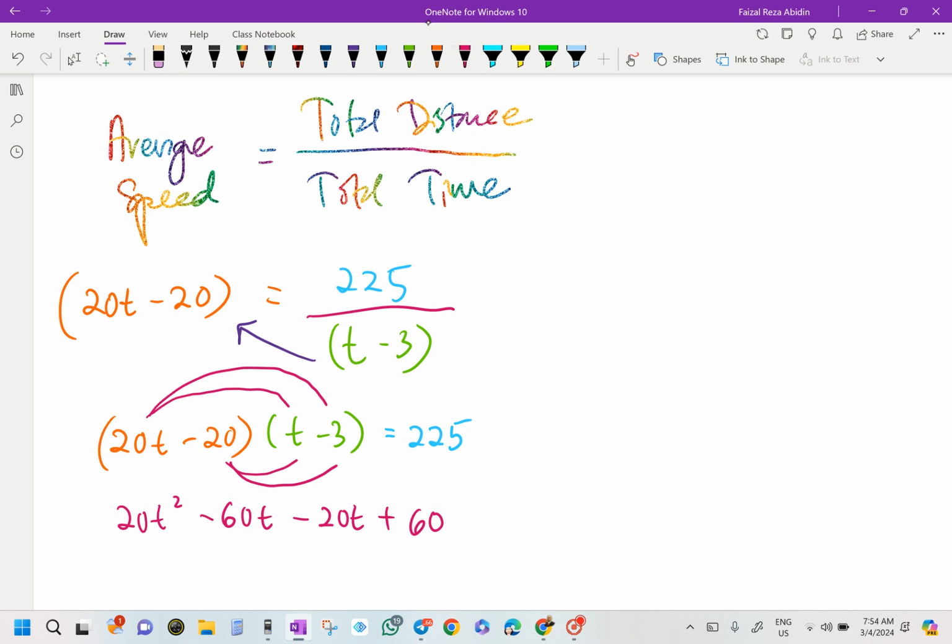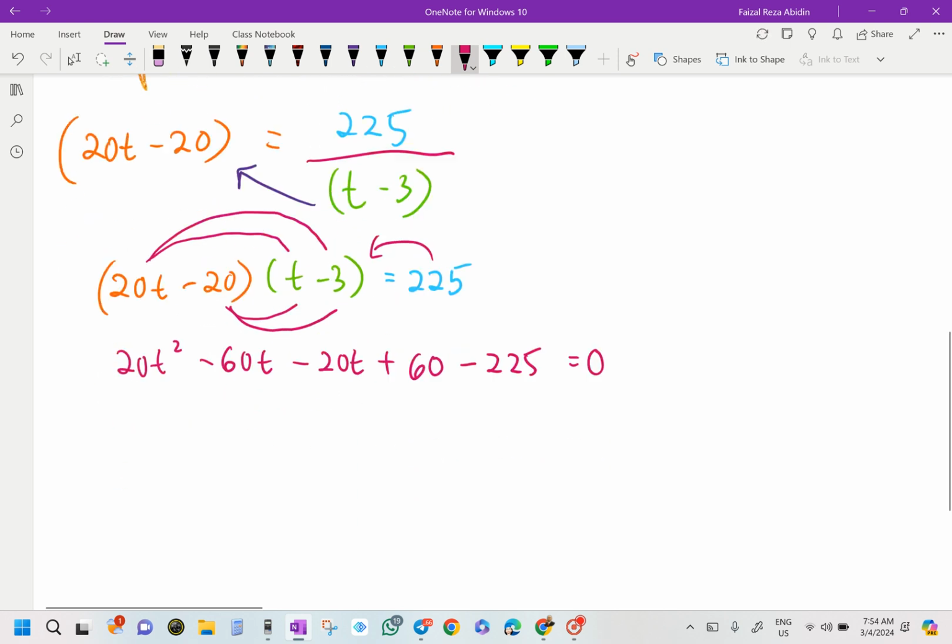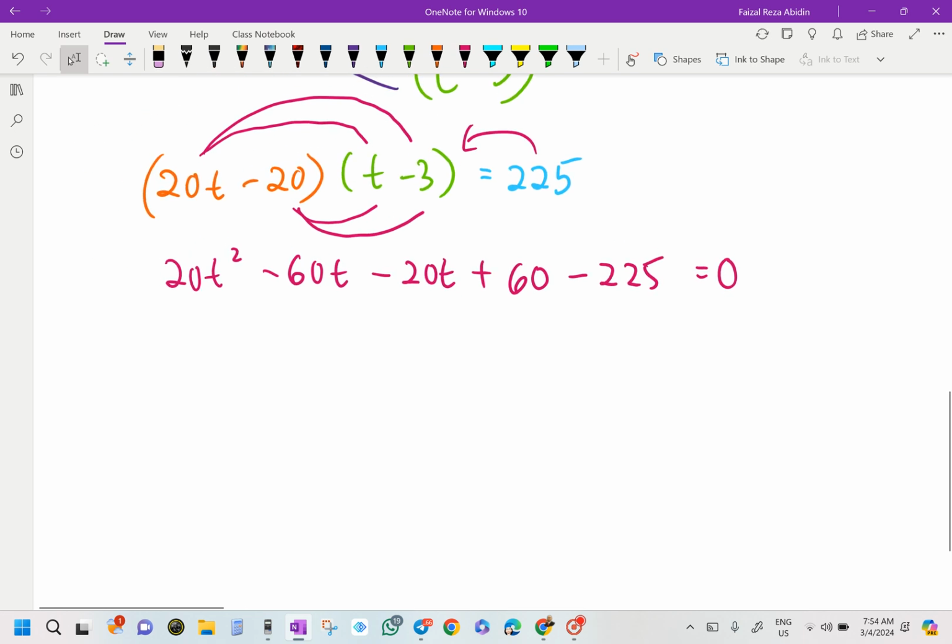I bring 225 straight to the left side: minus 225 equals 0. Why? Because I want to make it a quadratic equation. Are there any like terms? Yes, this one and this one. So you get 20t squared minus 80t, and 60 minus 225 gives negative 165, equals 0.